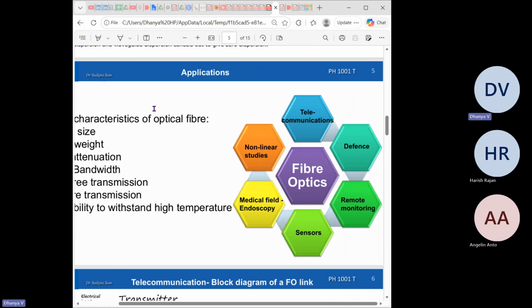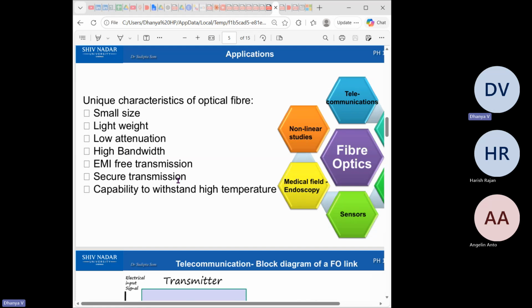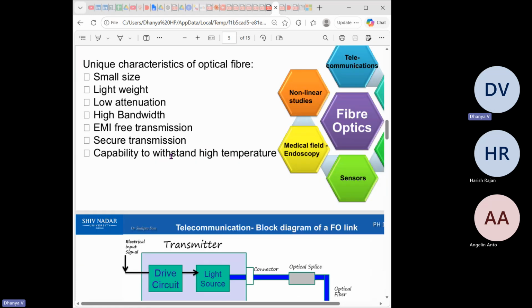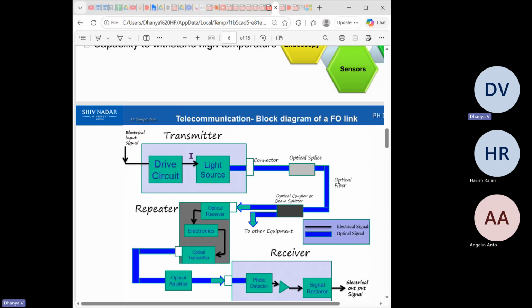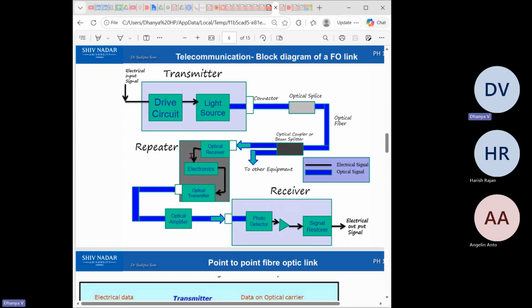It's used in endoscopy, small weight, and low loss, so we need to have lesser loss. High bandwidth, EMI-free transmission, secure transmission, and the capability to withstand higher temperatures and very harsh geographical landscapes.